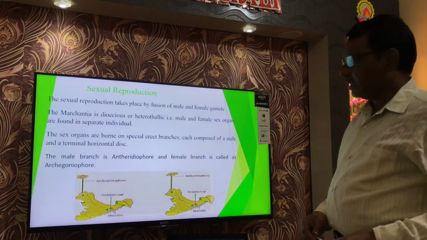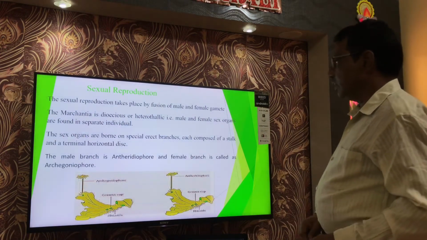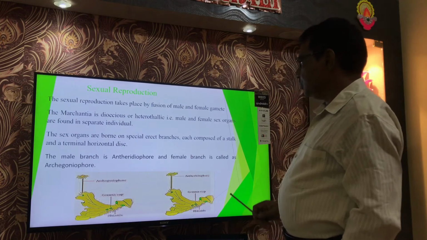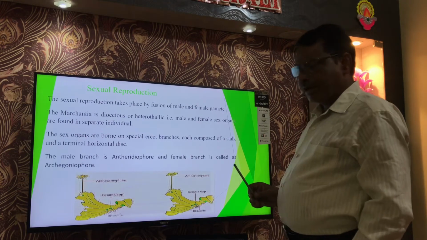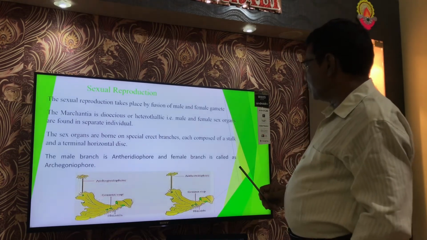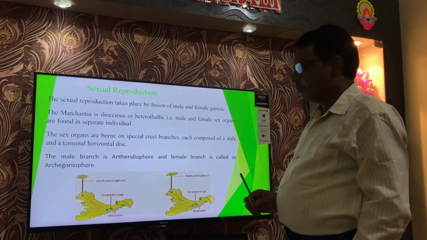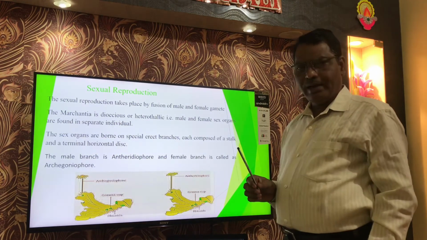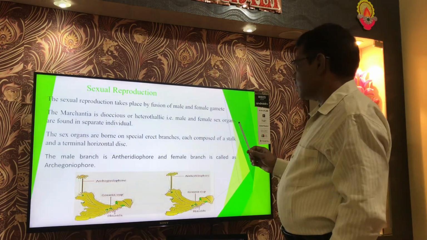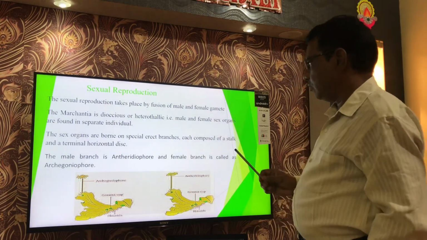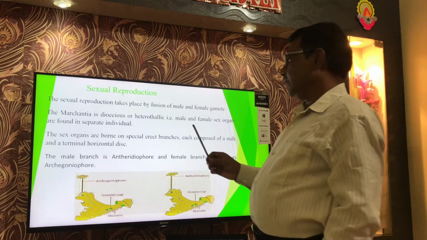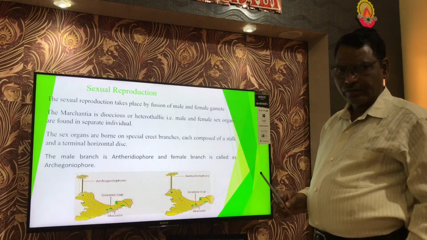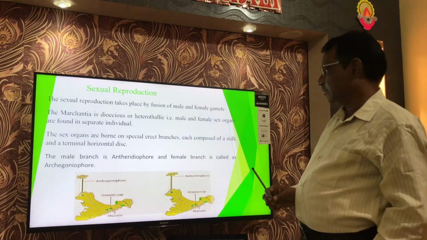Then the second type of reproduction is sexual reproduction. Here the sexual reproduction in Marchantia takes place by fusion of male and female gametes, and this fusion is of a highly advanced, oogamous type. Marchantia is dioecious, or you can say heterothallic.